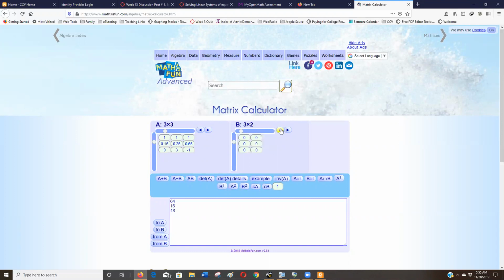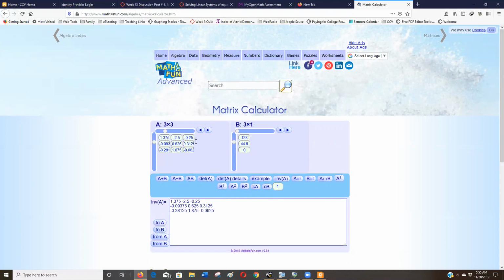And then I want to make this a 3 by 1 matrix: 128, 44.8, and then 0. Make sure you type your numbers in right. Now what I've got to do is find the inverse of matrix A, and I see when I look at these buttons down here, I have the inverse of A. So I'm going to click inverse of A, and because I don't have a third matrix to use, I'm going to store that back to my matrix A and replace it.